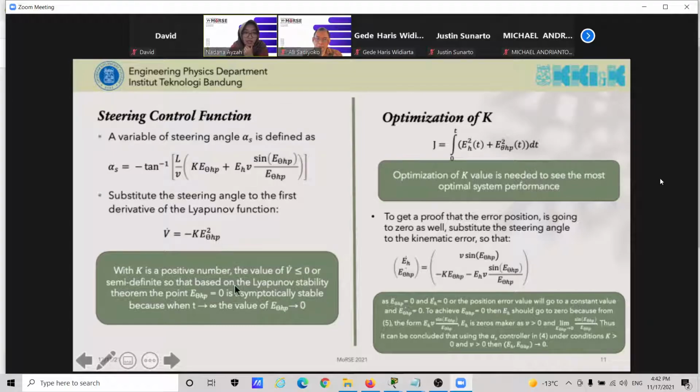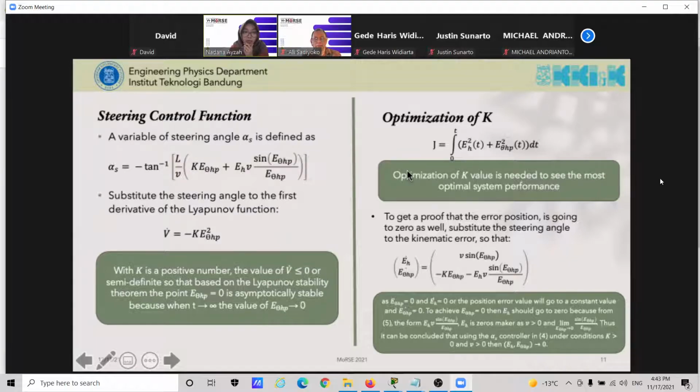So, based on the Lyapunov stability theorem, the error of orientation is asymptotically stable, because when time goes to infinity, the error of orientation also goes to zero. And this is the steering angle, which contains k.